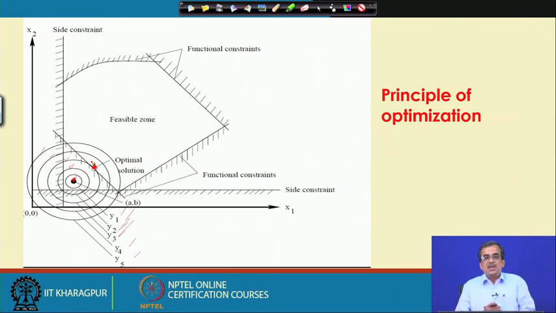So, this is the way one optimization tool works, and for any optimization tool what we will have to do is find out the search direction and the step length for each of the iterations. Now, the way one optimization tool determines the search direction and the step length varies from tool to tool, technique to technique, and that is why we have got a large number of traditional tools for optimization.